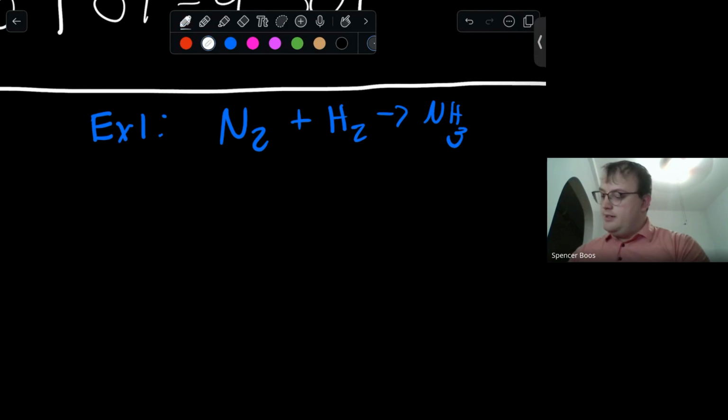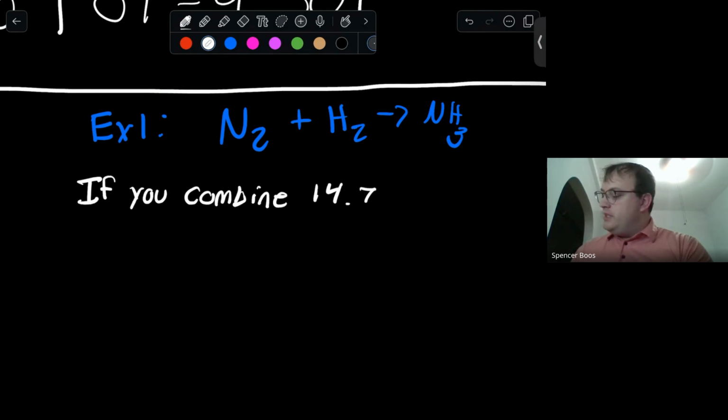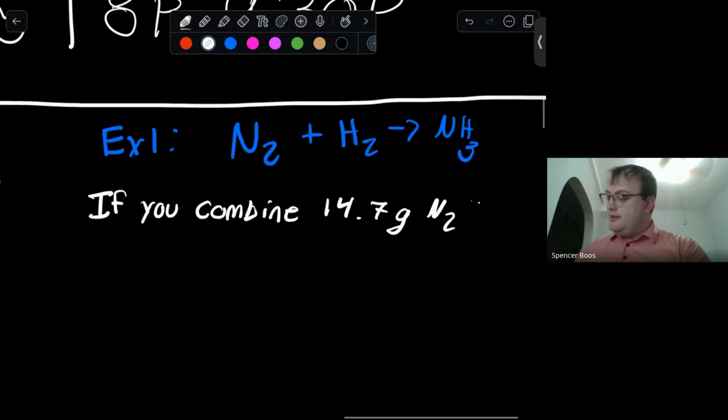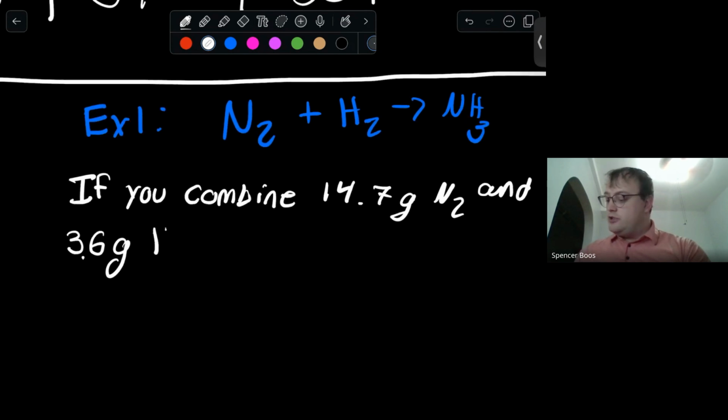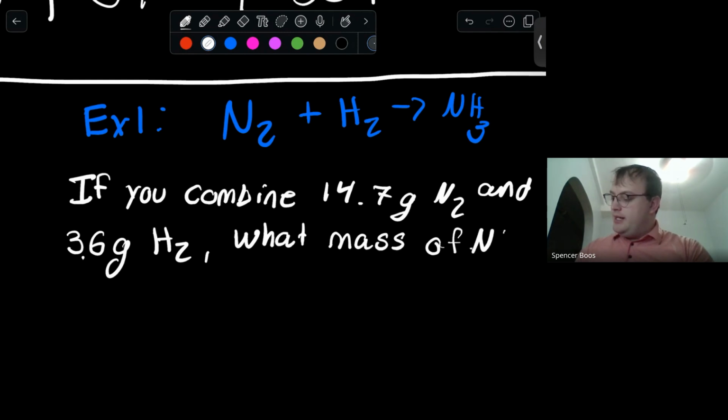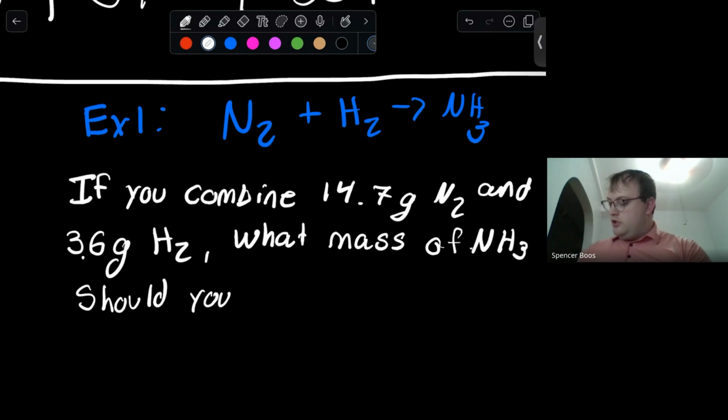Let's say if you combine 14.7 grams of nitrogen gas and 3.6 grams of hydrogen gas, what mass of NH3 should you get?